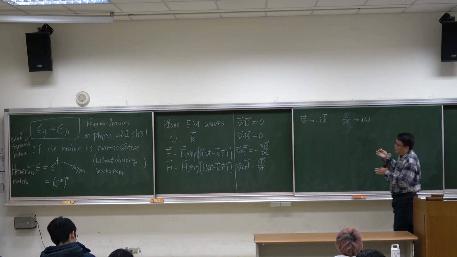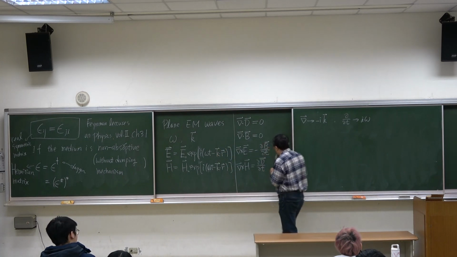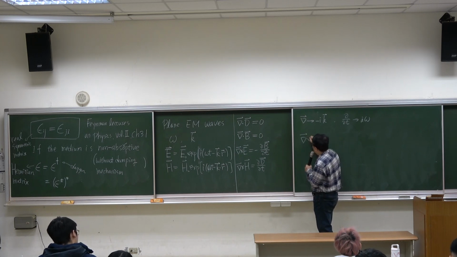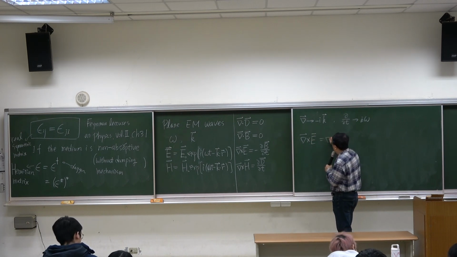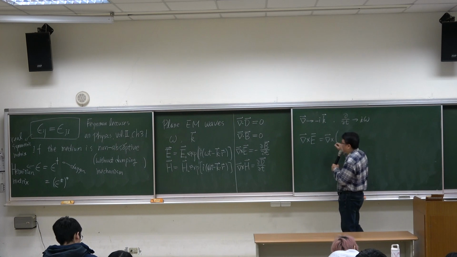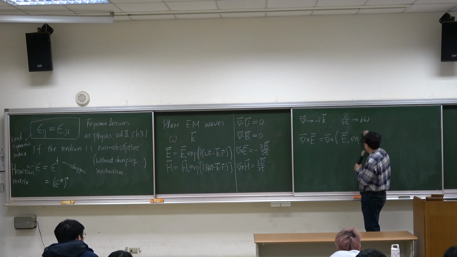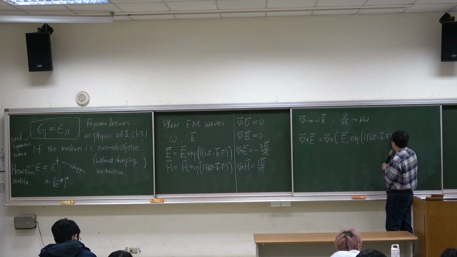This can be easily verified by, for example, curl E. If we calculate curl E, you encounter this kind of calculation: E0 exp i(omega t minus k dot r).